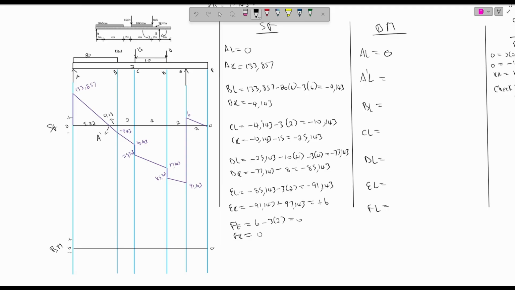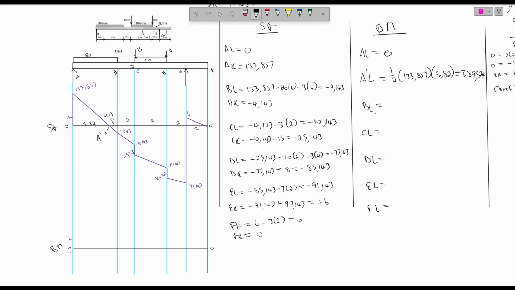So our A left is 0. Our A prime left we have 133.857 times 5.82. Then you have 389.524.